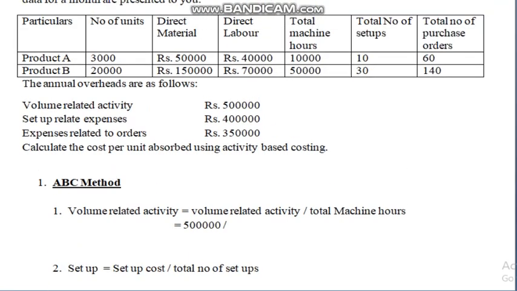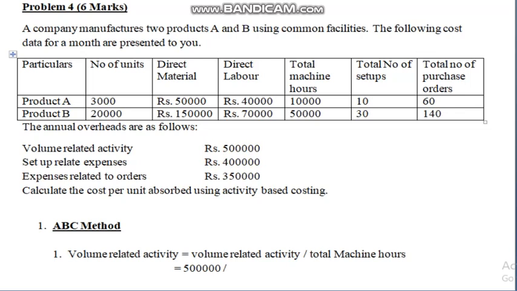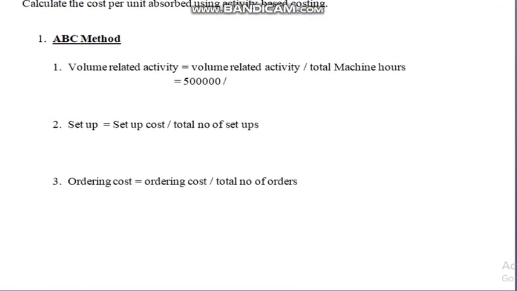Total machine hours is 10,000 for product A and 50,000 for product B, so 10 plus 50, 60,000 is the total number of machine hours.